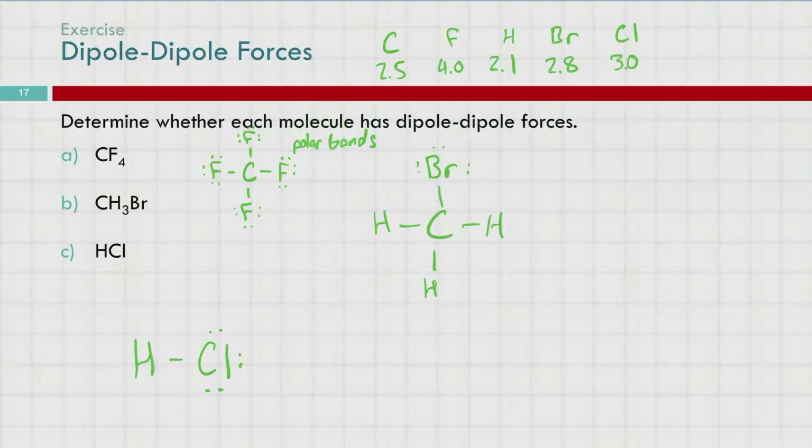So these polar bonds, we'll go through our nonpolar express method. Do we have no lone pairs on the central atom? Yes, we have no lone pairs on the central atom. Okay, no lone pairs on carbon, check. Are all of our bonds the same or the same difference in electronegativity? Yes, they are.